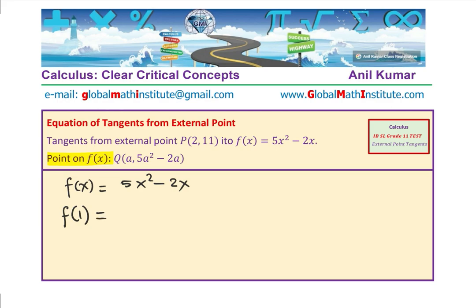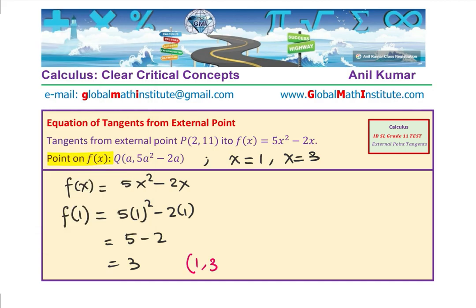If I substitute 1, because we got the critical points, x equals 1 and x equals 3, where the external tangent will be touching the function. So if I put 1 here, 5 times 1 square minus 2 times 1, we get what? 5 minus 2, which is 3. And so this particular point here is 1, 3. Is that clear?